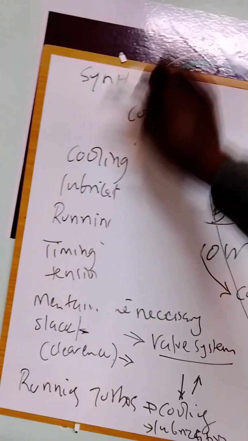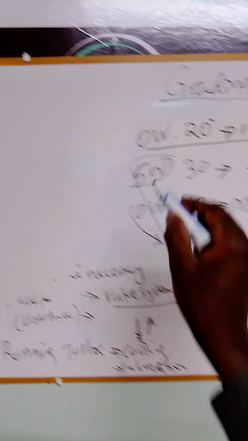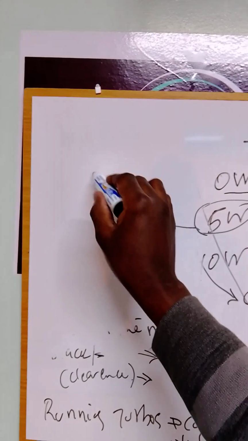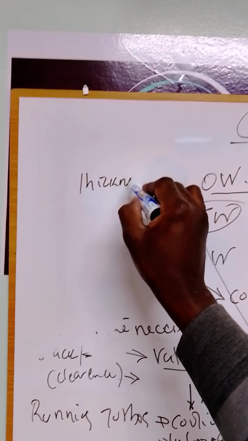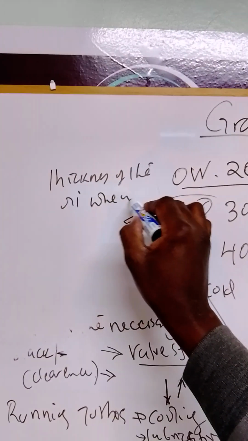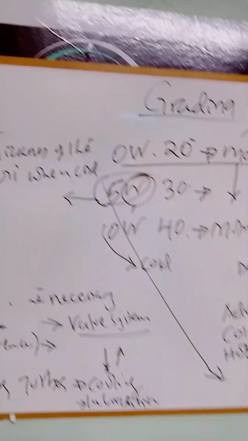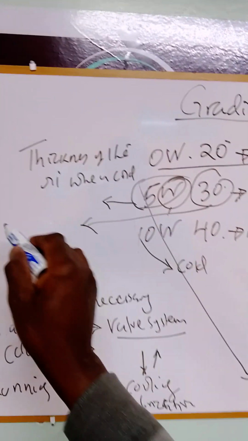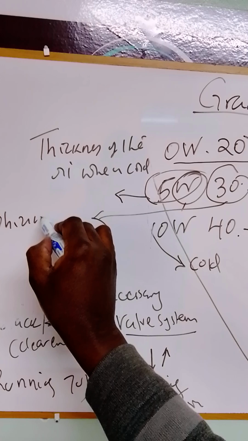But because we do not experience winter in this part of the planet, in Kenya, this one safely represents the thickness of the oil when cold, or during the winter season, because this W stands for winter. Okay, and this other number represents the thickness of oil when it is hot.